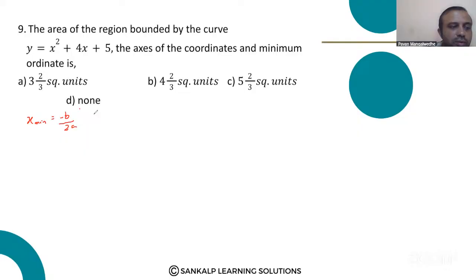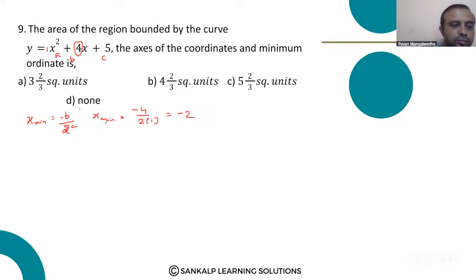So x minimum will be minus b, in the sense a, b, and c, so it is minus 4 by 2 into a, and a is 1 here. Already you know this. So the answer is minus 2. The y-axis is where x is equal to 0, the x-axis is where y is equal to 0. The minimum ordinate is minus 2.